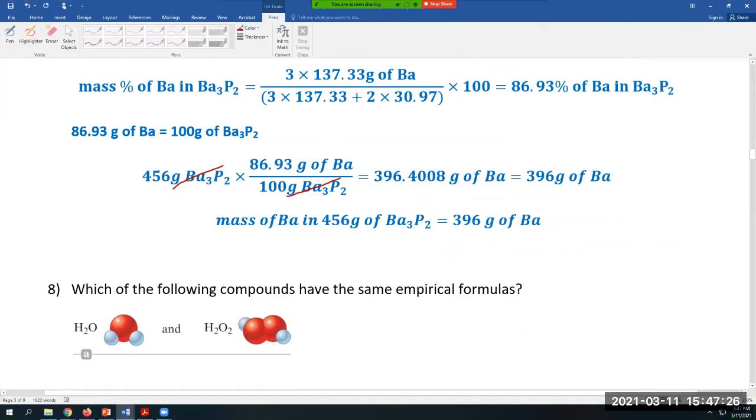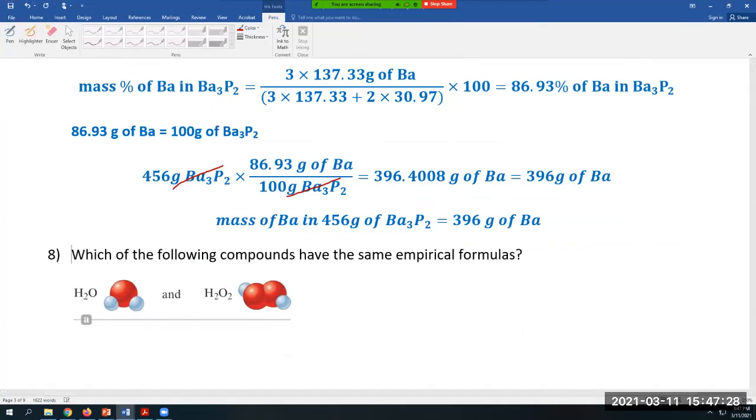So we are ready to do question 8 now. And for question 8, we have pairs of compounds. And the question is, which of the following compounds have the same empirical formulas? So we have the molecular models, and then the molecular formula, right?